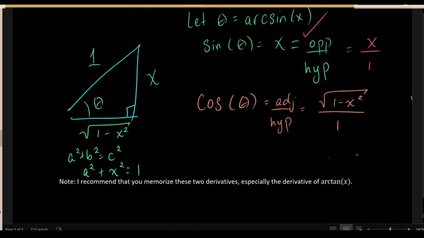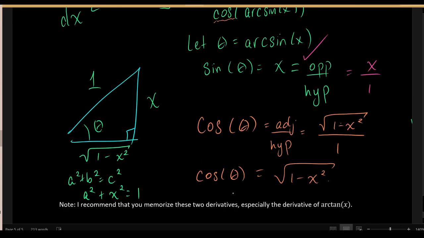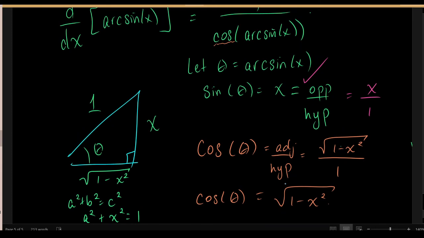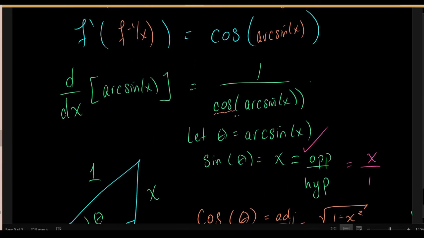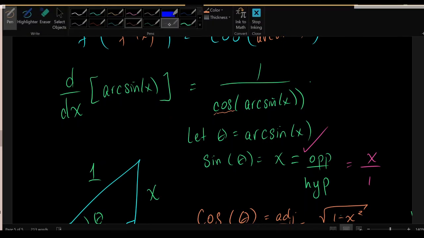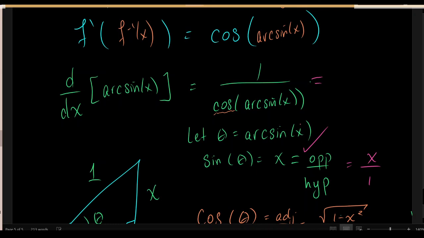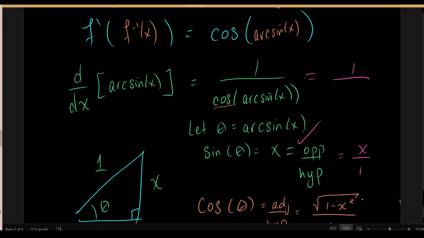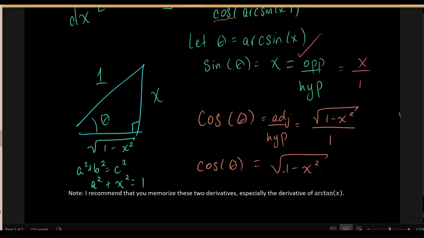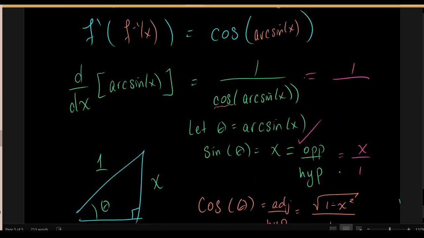Cosine of theta is simply equal to the square root of 1 minus x squared. But theta was equal to arcsin, and therefore cosine of theta is the same thing as this cosine of arcsin. Therefore, the derivative is given by 1 divided by this quantity, root 1 minus x squared.